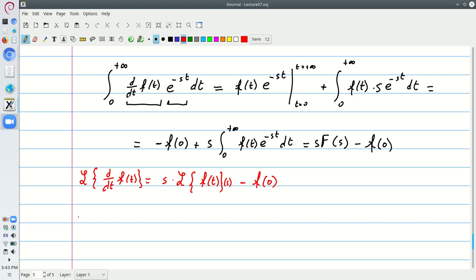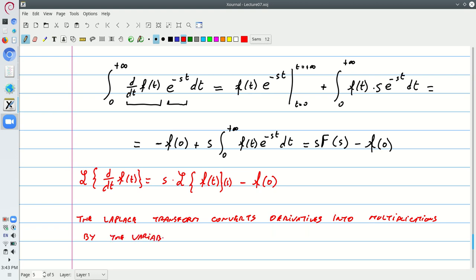So we have seen that the Laplace transform converts derivatives into multiplications by the variable s, that is this frequency variable.